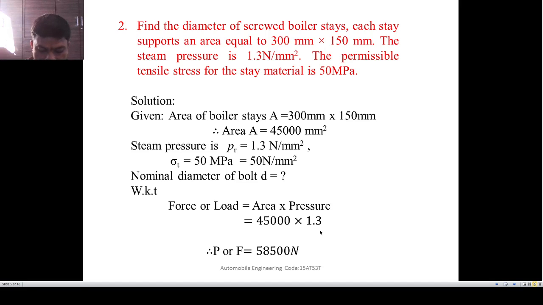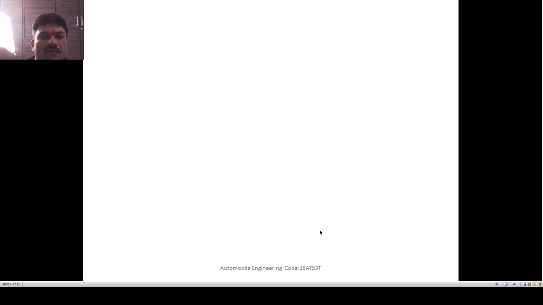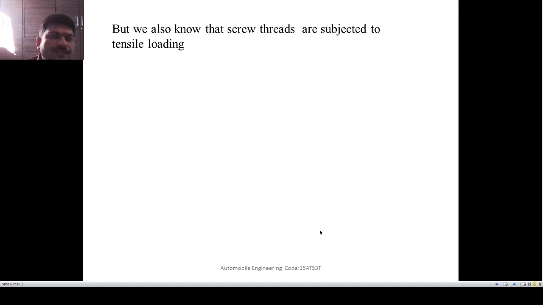Let's go ahead. We also know that the bolts are subjected to tensile loading, which is given by the equation P equal to pi by 4 dc square into sigma t. Now substitute the values. Already we have found the tensile load, 58,500, which is equal to pi by 4 dc square into sigma t.